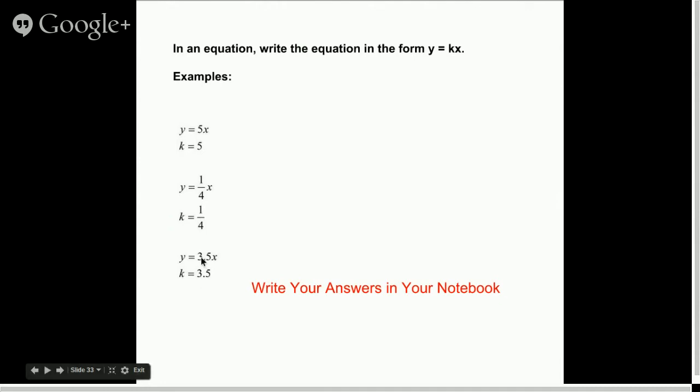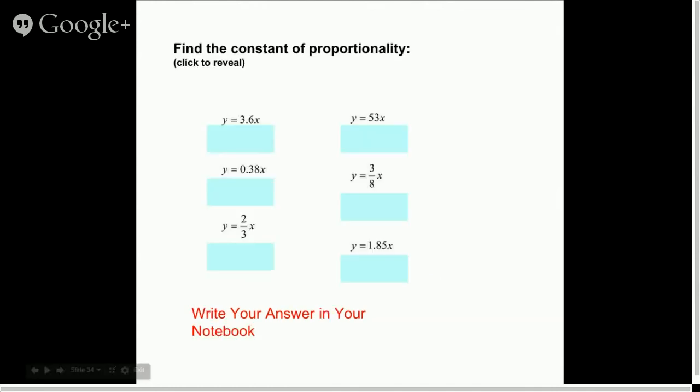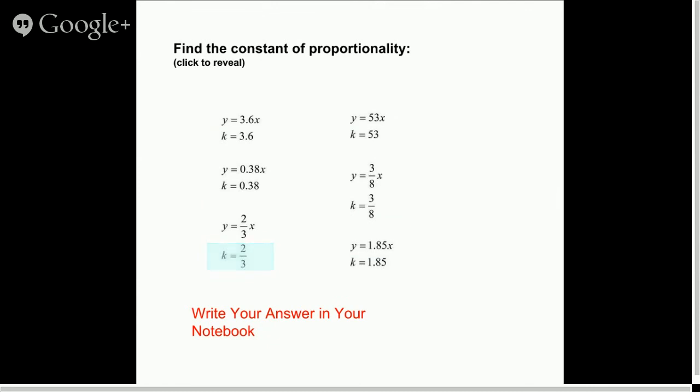You just take the number right before x. That's the constant of proportionality. All right, do that for all of these. Go ahead and pause it. Okay. Just take the number before x. That's the constant of proportionality.